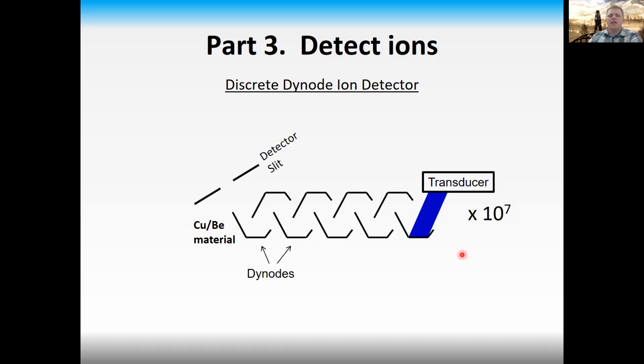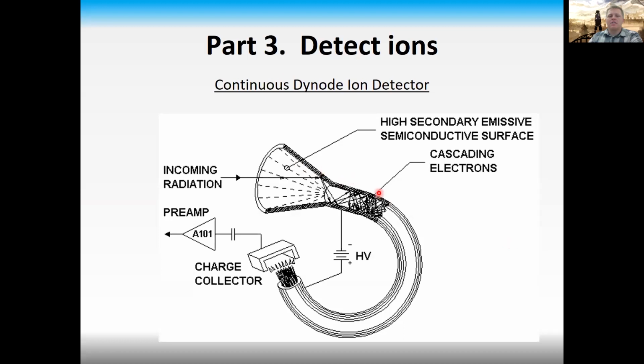We can actually get a lot more electrons, or a lot heavier flow of electrons, if instead of having discrete plates, we make a continuous dynode. And the way we do this is we basically have an open tube made out of a resistive material, and we apply a potential from the top to the bottom. So up here we have a low potential, and that potential gradually gets higher, and it gets really high towards the end.